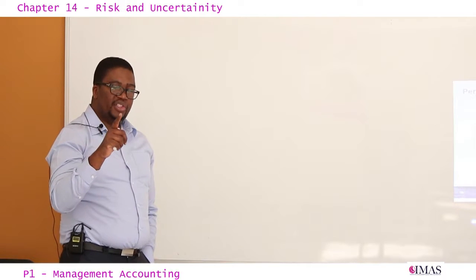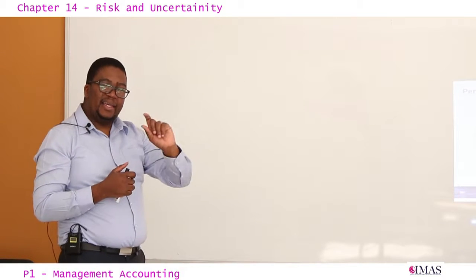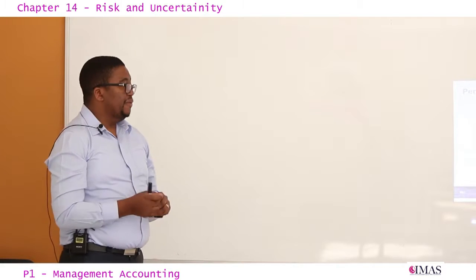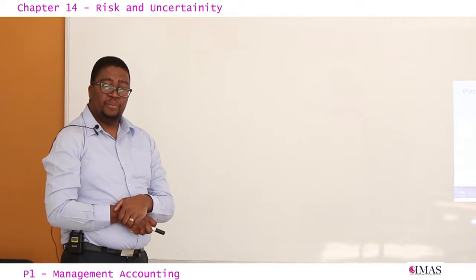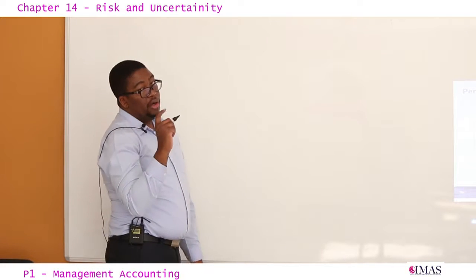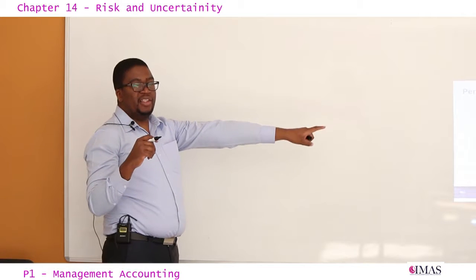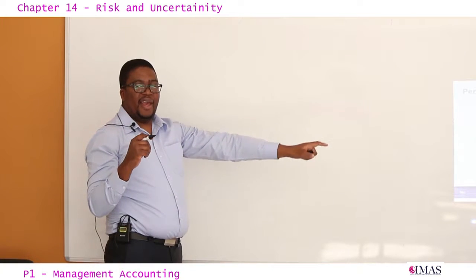We will choose the project that will give us the highest expected value. Therefore, the first thing that we need to do is to calculate which of these projects we are going to choose based on expected value.